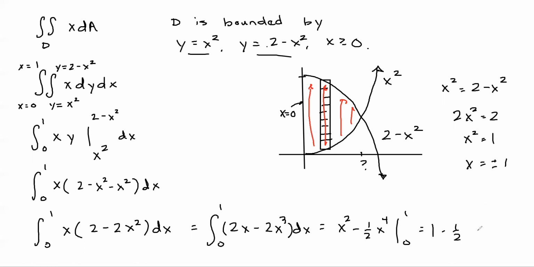Plug in 0, you get 0. So this all turns into just 1/2 as our result. So there's an example. If you were given an integral to evaluate where they gave you the region but didn't tell you the order of integration, you had to pick. Let's try another one like that.